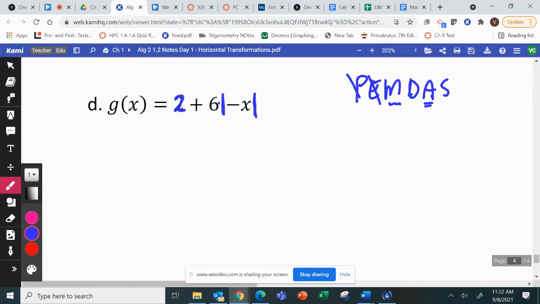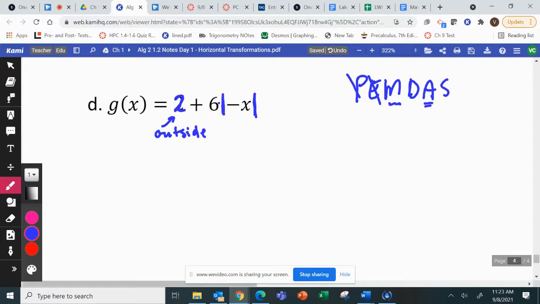Okay. All right. So we know it's something vertical. What operation is the 2 with everything else? What operation? Translate. You're ahead of me.